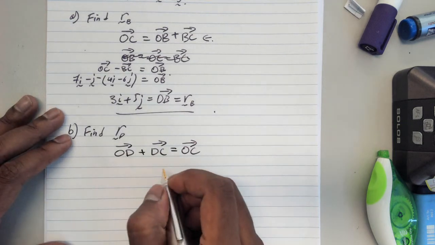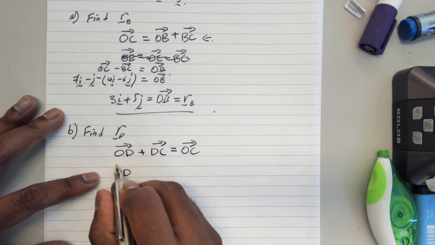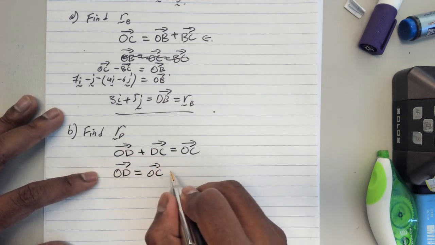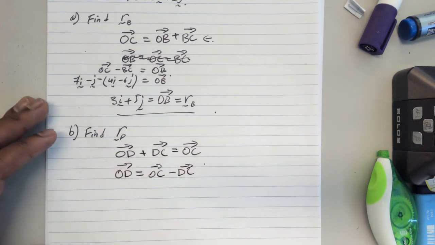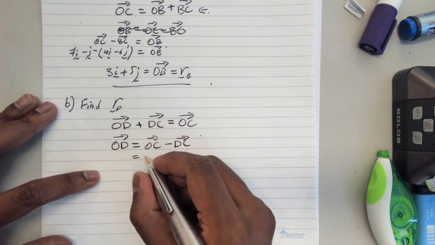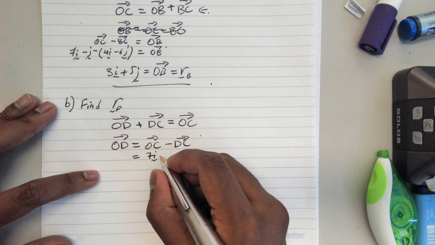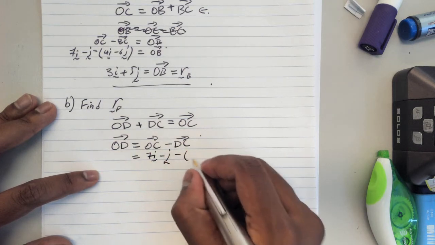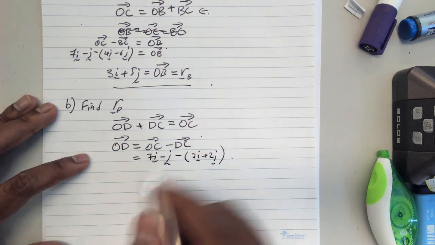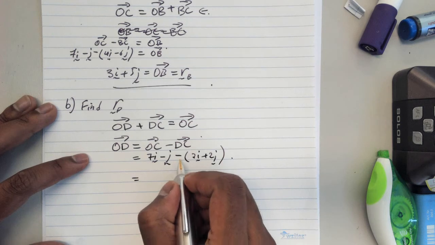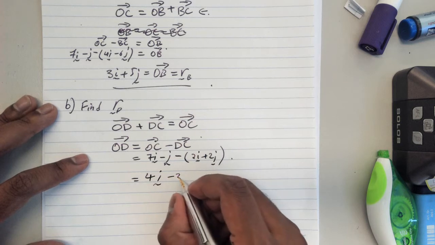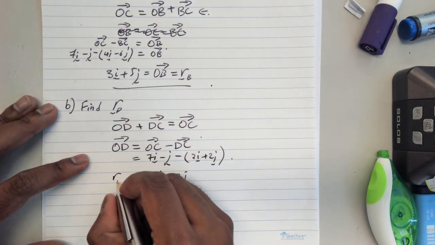Same thing as before, I'm going to move it around, get OD by itself: OC take DC. Substitute my vectors in. Seven take 3 is 4i. Negative j take 2, negative 3j. And that's OD.